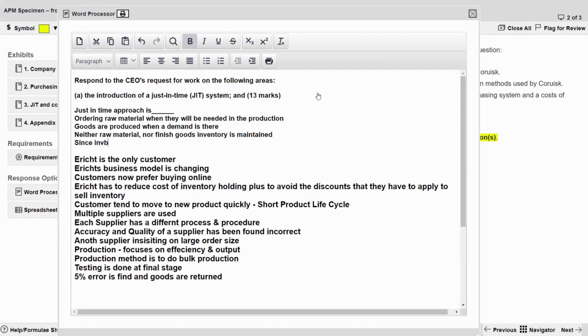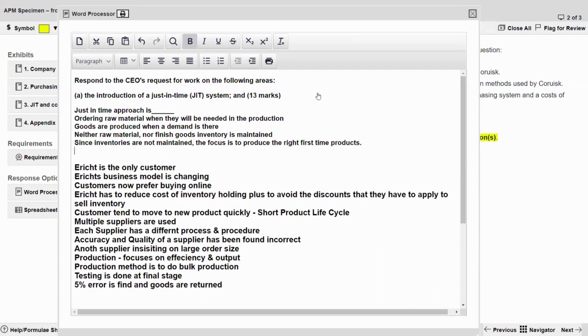Since inventories are not maintained, the focus is to produce the right first time products.